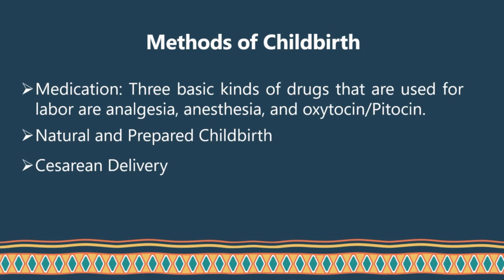Analgesia is used to relieve pain. Anesthesia is used in late first stage labor and during delivery to block sensation in an area of the body or to block consciousness. Oxytocin is a hormone that promotes uterine contractions.